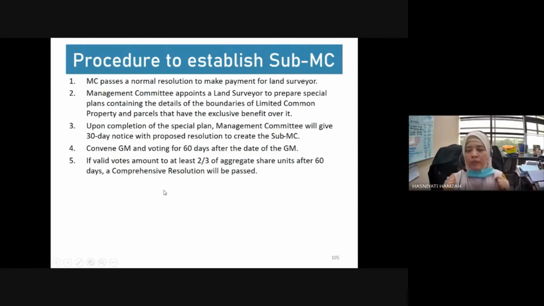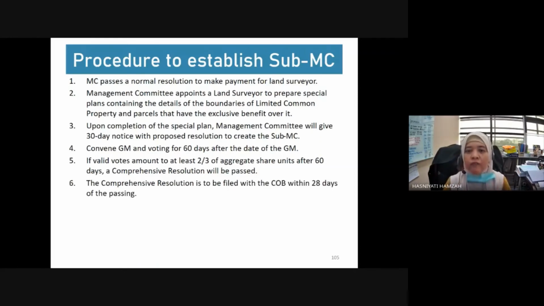You get that comprehensive resolution, then only you can do the next step, which is file the comprehensive resolution. Comprehensive resolution tu bentuk dokumen saja, minit kan, cadangan. Tadi tu cadangan, the proposal to create a sub-MC, but you need to vote on that. How to get it passed? You need to get 2/3 of the owners of the aggregate share units to agree to the proposal to create the sub-MC.